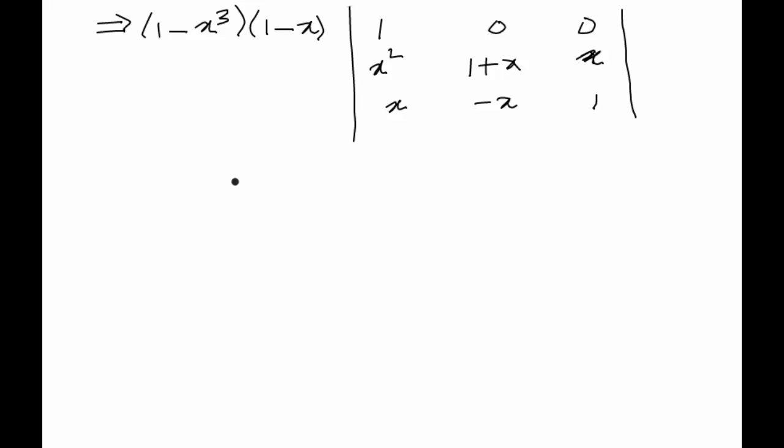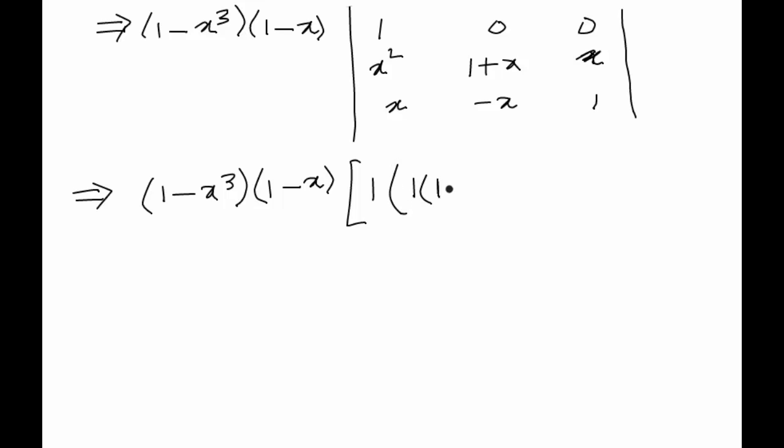So on expanding along row 1, because it has two zeros, it will be very comfortable and easy for us. You would get (1 − x³)(1 − x) as it is, bracket 1 into the other two terms, which will be 1 into 1 plus x minus x into minus x, and the other two terms are 0 for the determinant.